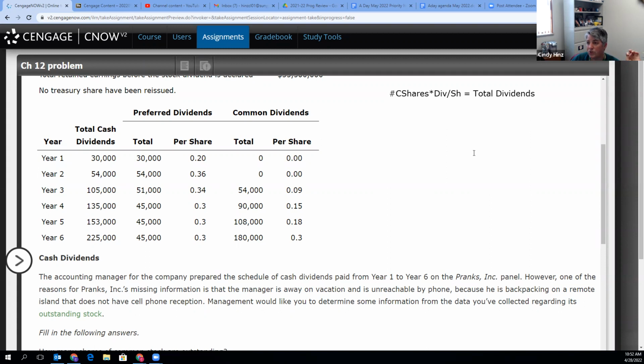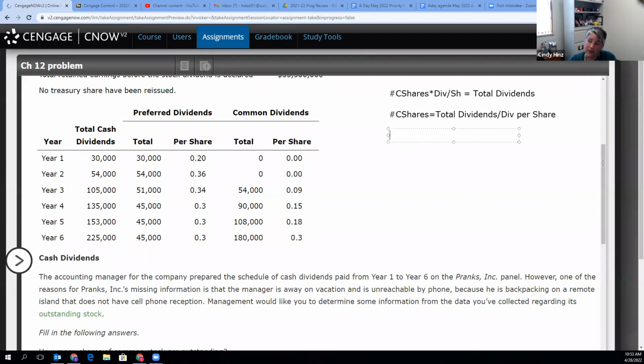So I can solve this formula for the number of common shares by dividing each side by the dividends per share. I took that formula that we already know and simply solved for the piece that we don't know.